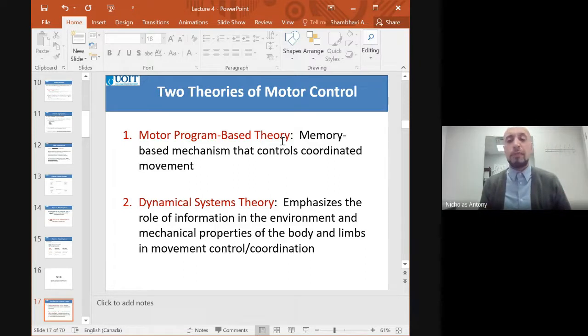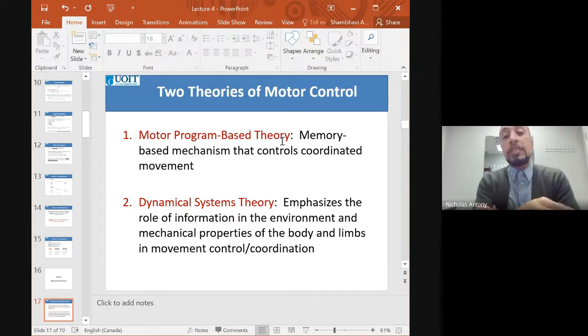So think of a motor program like a computer program. And what part of the body or the brain would we be storing each of these motor programs, do you think? We talked about it last time. Cerebellum, yep.